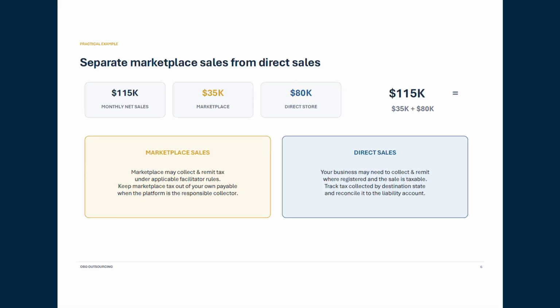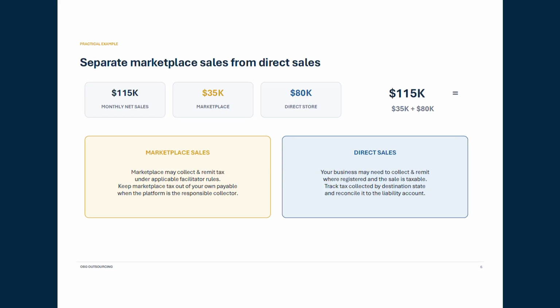Let's use a simple channel example. Assume monthly net sales are $115,000. $35,000 came through a marketplace, $80,000 came through the company's direct store. For the marketplace portion, the platform may be responsible for collecting and remitting tax under applicable marketplace rules.